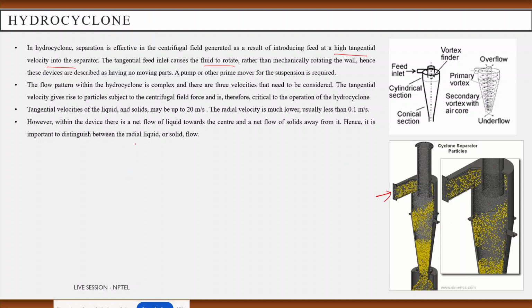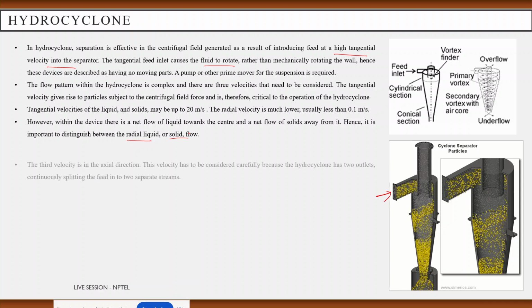Hence, it is important to distinguish between the radial flow of the liquid and the solid flow.